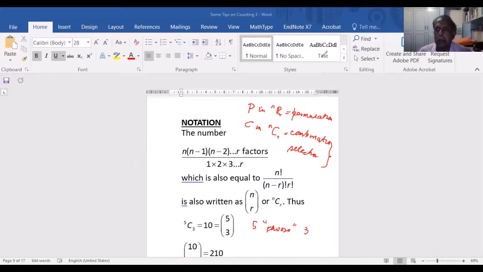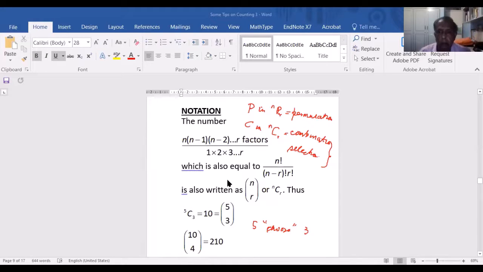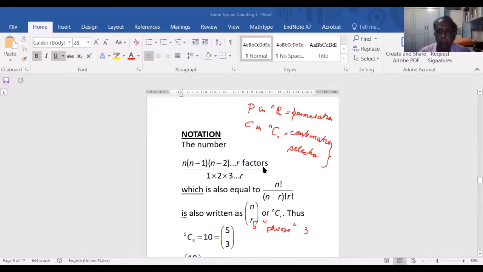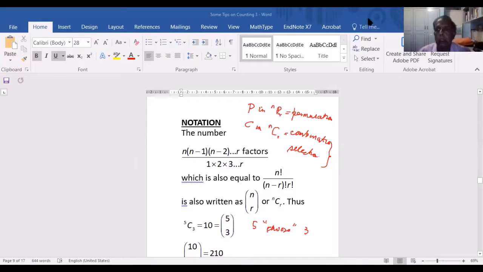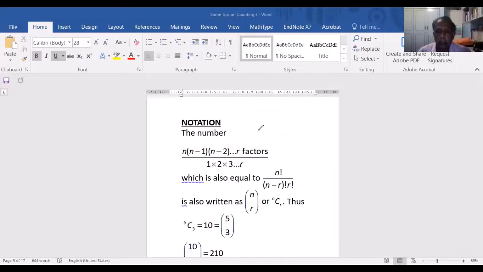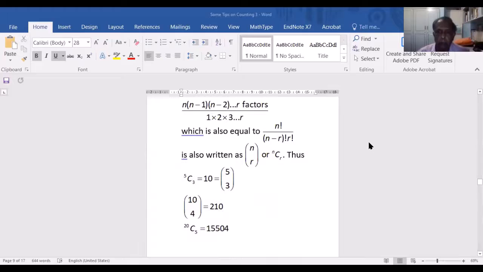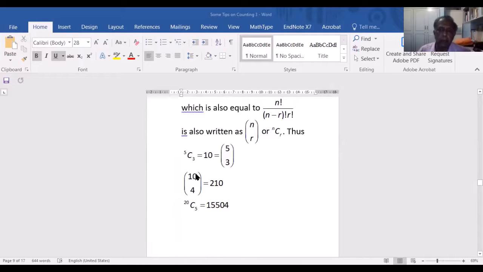Okay, so likewise now, if you choose another example, we saw 10 choose 4 is 210.